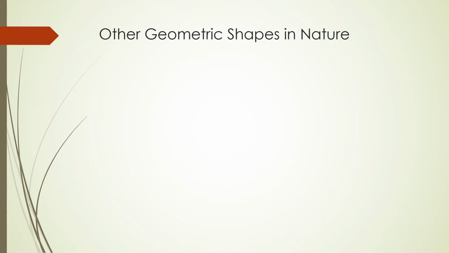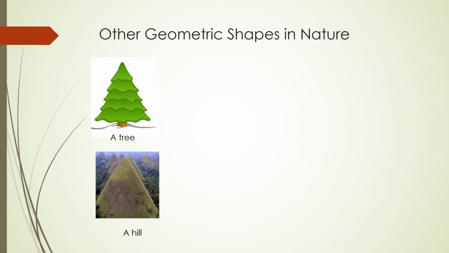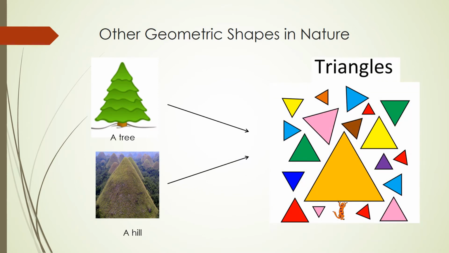Let's now take a closer look at triangles in nature. Some objects in nature which can be matched with the triangle are the pine tree or Christmas tree and the top of a hill that looks like a triangle. Can you see its pointy top?